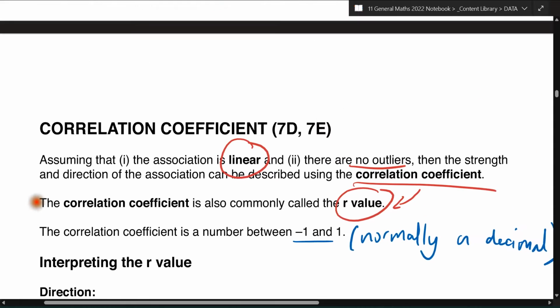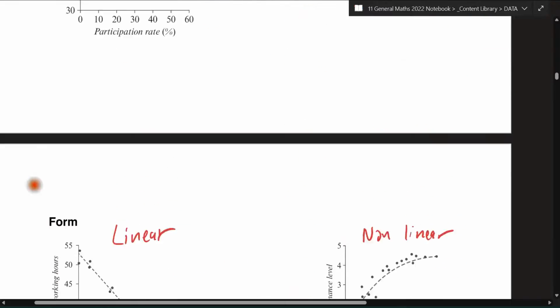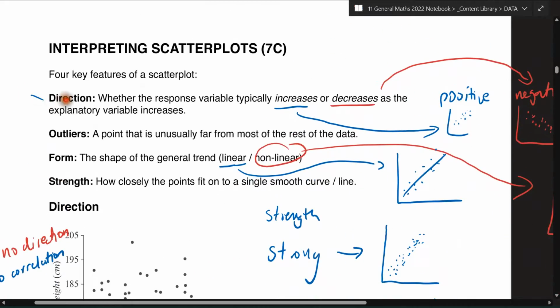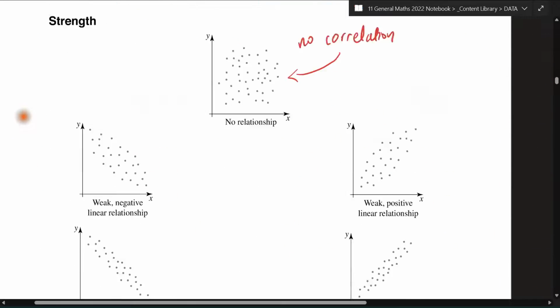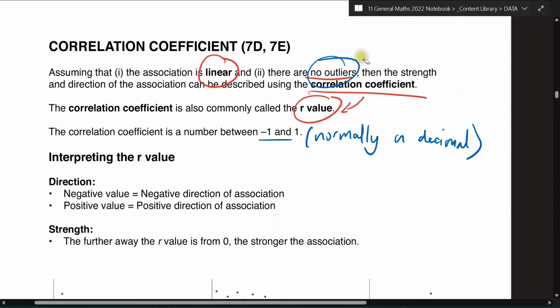It's the same as how we've been describing these words here: direction, outlier, form, strength. Normally, outliers now will be irrelevant because, remember, in the first statement of this lesson, the graph is linear and there are no outliers. So we're just going to talk about the strength, the form, and the direction, those three things, when interpreting the R value.